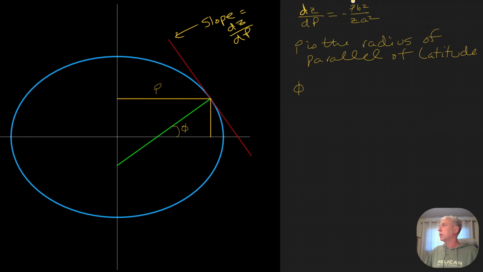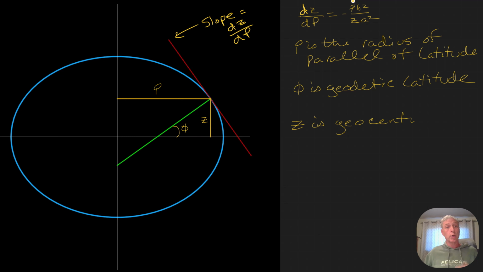Phi is geodetic latitude. And Z, we said, is the geocentric coordinate, or the Earth-centered, Earth-fixed XYZ, it's the Z coordinate.